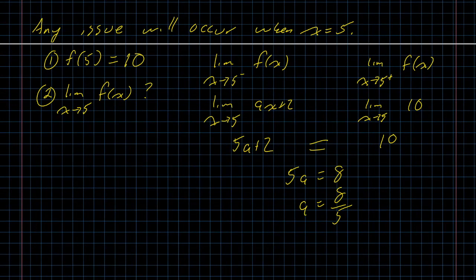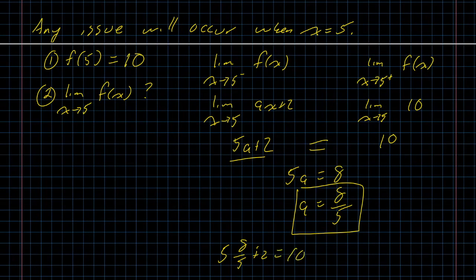And we can see just by looking at the right-hand side that this is going to work. But ignoring that and just saying, okay, well, a is 8/5. Plug that in over here. We get 5 times 8/5 plus 2, which is 10. Over here, we get 10.